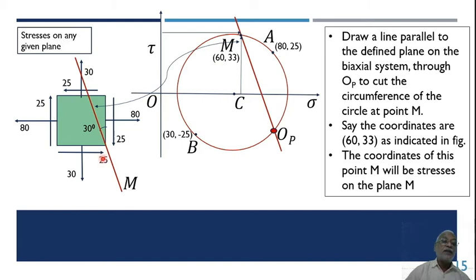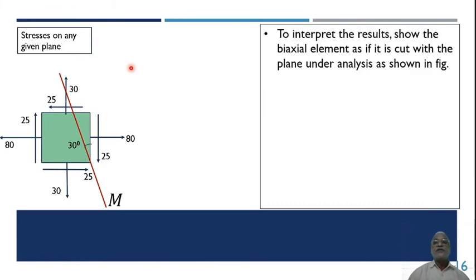On this plane, if you are referring to this part of the element, it is 60, 33, that is normal and then clockwise. Or even if you consider this one also, it is normal, tensile, and then clockwise 33. So that is the meaning.